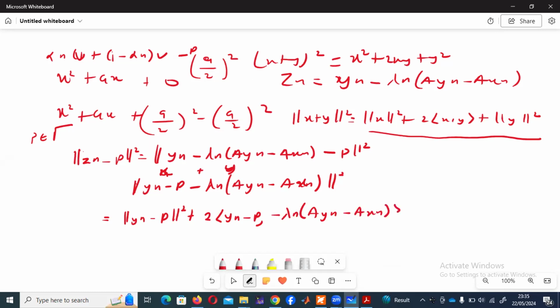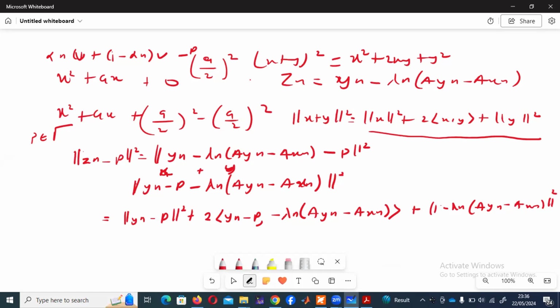Then I close the inner product, then plus I square this term: the norm of lambda n into Ayn minus Axn, squared.